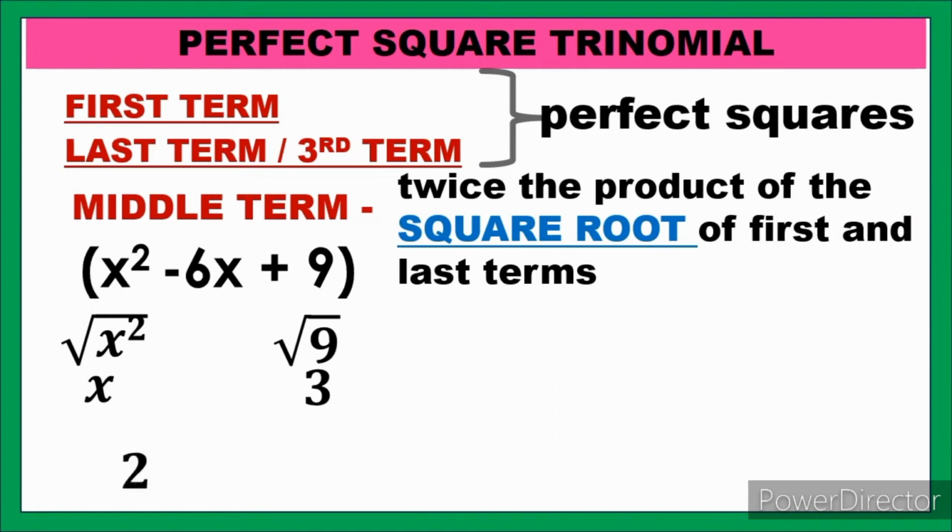Then we multiply by 2, because it is twice the product. So we have 2 times x times 3, which equals 6x, and it matches the middle term of the given trinomial. Therefore, it is a perfect square trinomial.